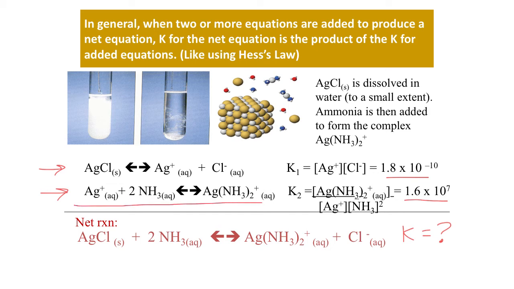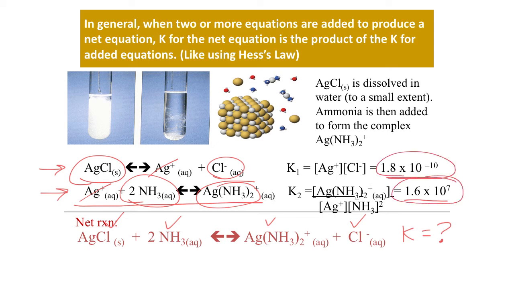So if we just add up these 2 reactions, we would see the silver ion would cancel, and we would end up with the AgCl plus the 2NH3, which is what we have, producing the Ag(NH3)2 ion and the Cl ion. So we didn't have to double anything. We didn't have to reverse anything. Therefore, we can just combine the 2 K values that we already have.